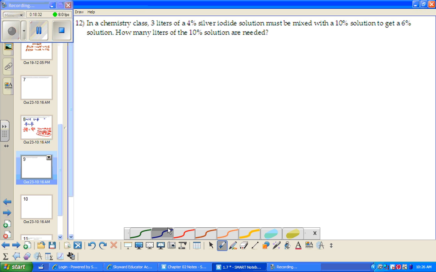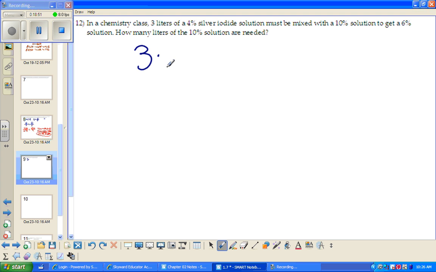Next problem. In a chemistry class, 3 liters of a 4% silver iodide solution must be mixed with a 10% solution to get a 6% solution. How many liters of the 10% solution are needed? So we know we have 3 liters of a 4% solution.